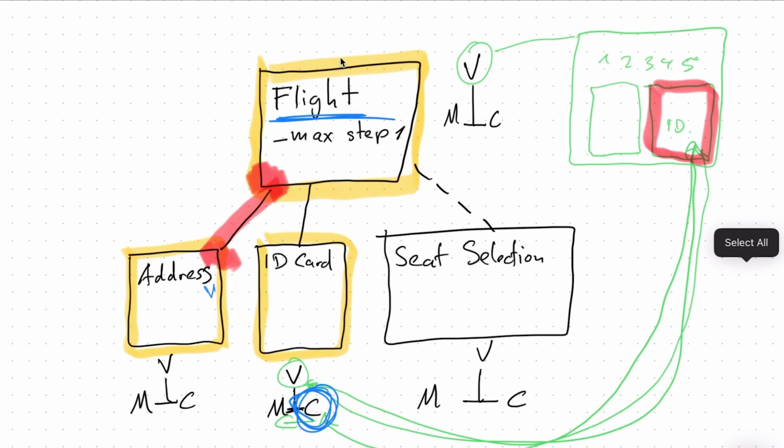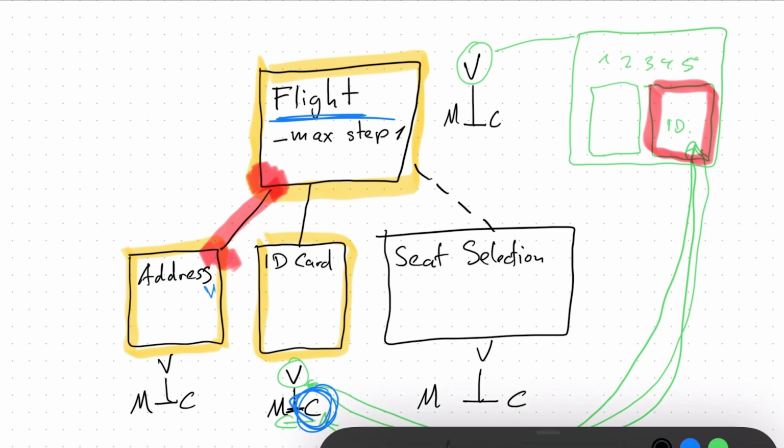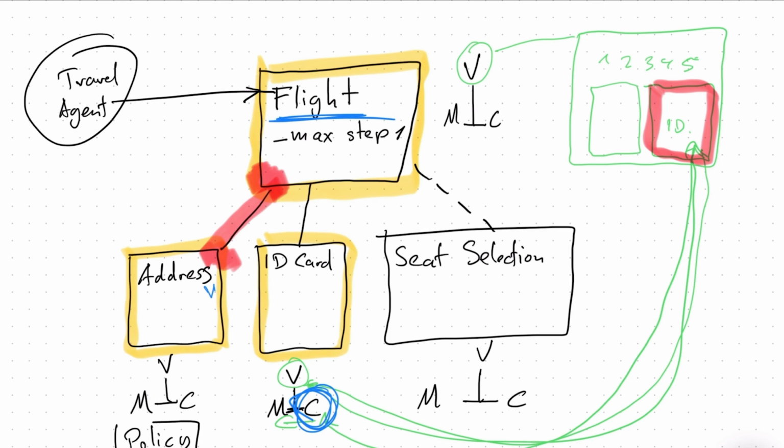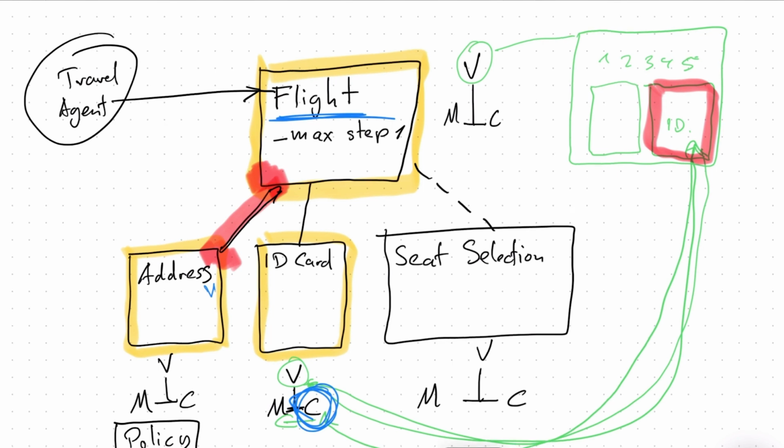The flight here is bound to a person who's managing the flight, let's say the travel agent. The travel agent owns the flight. And now the address has a policy. In the address policy, we know that the address belongs to the flight, so the address policy has specific code that checks if the address belongs to a flight that belongs to the travel agent.